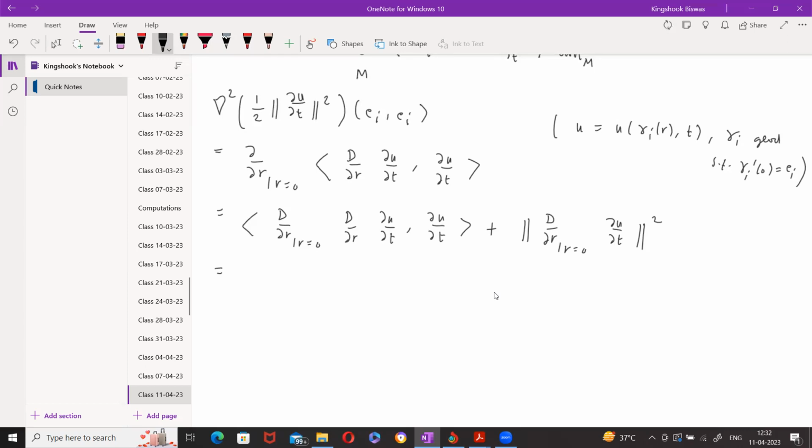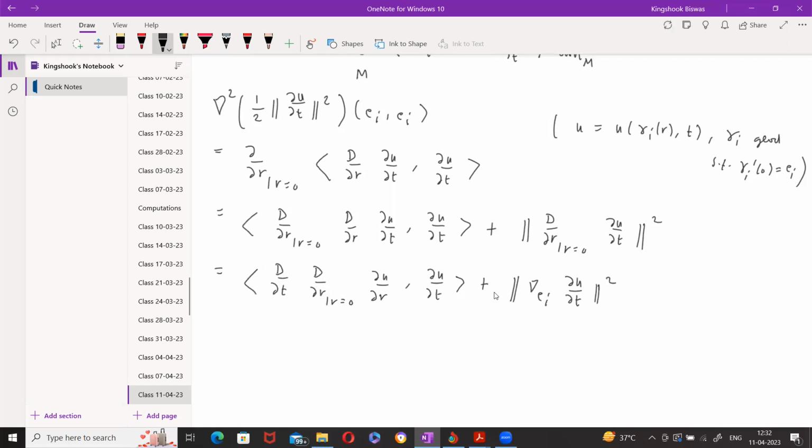I'm just going to shorten steps here. This is going to become D/∂t of D/∂r at r equal to 0 of ∂u/∂r, inner product ∂u/∂t, plus this norm squared, the norm of nabla_{e_i} of ∂u/∂t whole squared. And then I have a curvature term.